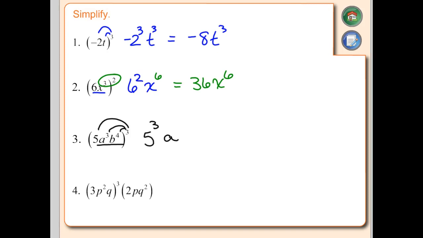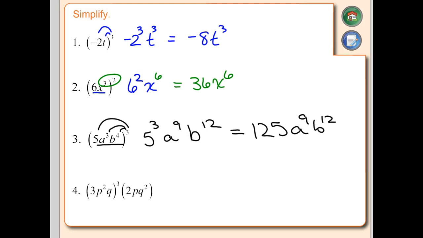We've got the a cubed, and we're going to cube it again, so 3 times 3 is 9. And then let's look at b. We've got b to the 4th, and we're going to cube that, so 4 times 3 is 12. Now, anybody happen to know what 5 cubed is? That's right, 125, a to the 9th, b to the 12th.